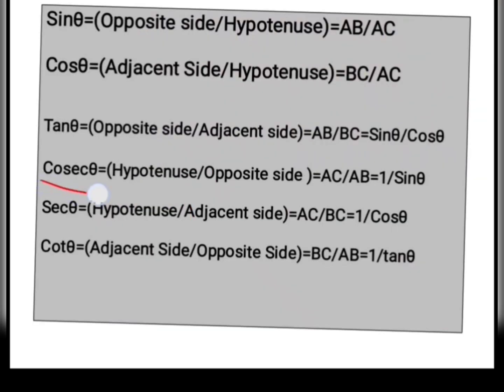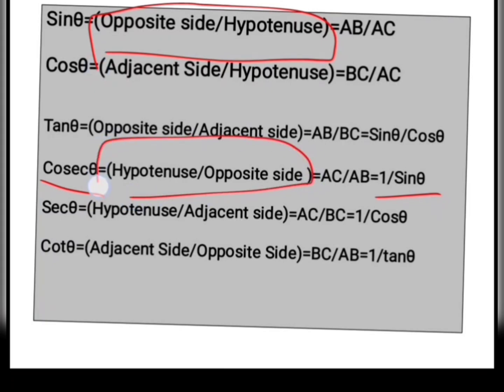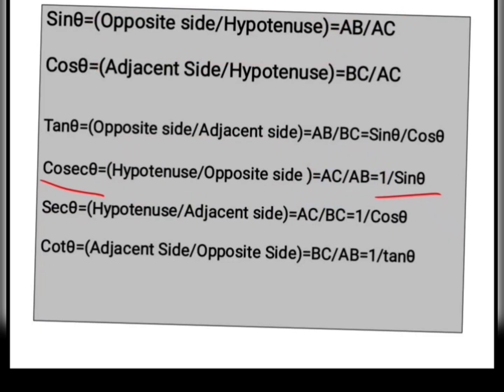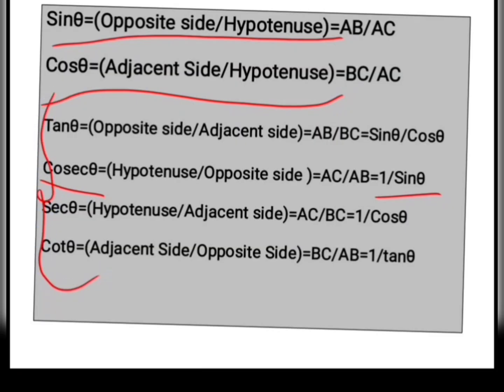Just now I have mentioned cosec theta is 1 by sin theta. We also reverse these 2 terms: hypotenuse by opposite side, because it is the inverse of sin theta, and these 2 also get reversed, AC by AB. If you remember only this, which is sin theta equal to opposite side by hypotenuse, cos theta equal to adjacent by hypotenuse, other trigonometric functions can be easily derived from them.